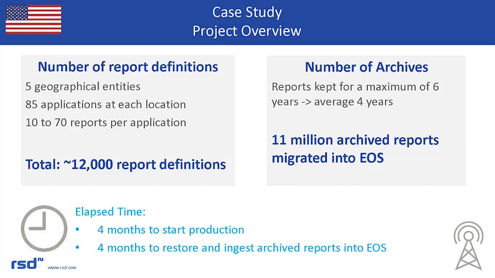Now, as far as the project implementation time, your implementation time may vary. 8 months for this very large project was due to the telecommunications project team assigning dedicated resources to it and its expertise with both the EOS and CA products. Your specific project may take more time and can be impacted by IT personnel resources and computer resources.